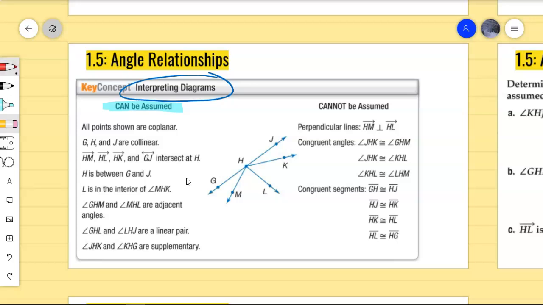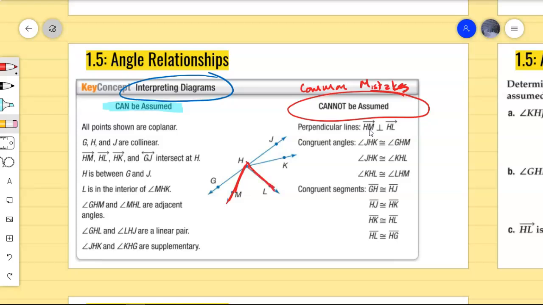Now, what are things that students tend to make a mistake with? These are really the reason why this section was written, because these are common mistakes. Oftentimes students think that something is actually true when it's not. Number one, you cannot automatically, by looking at this diagram, say that HM and HL are perpendicular.